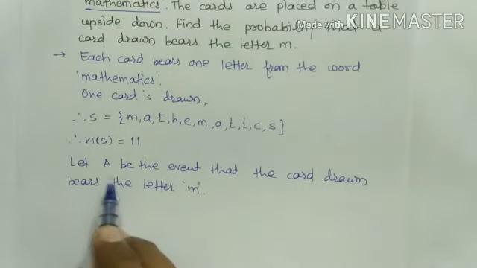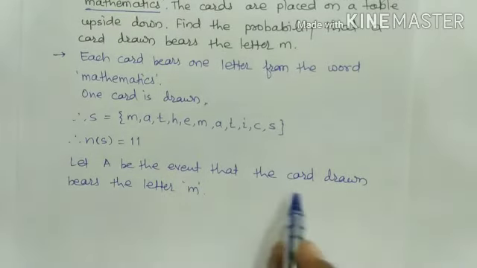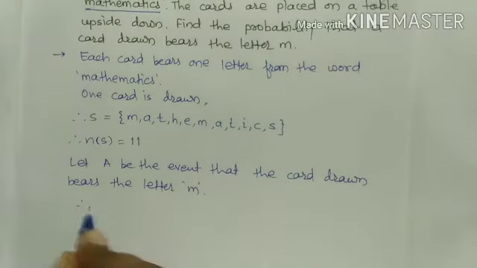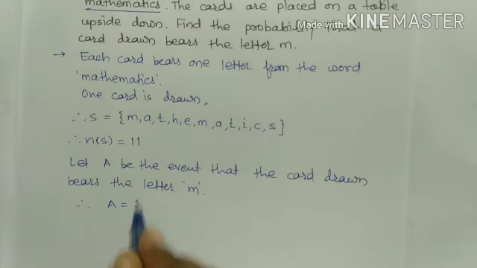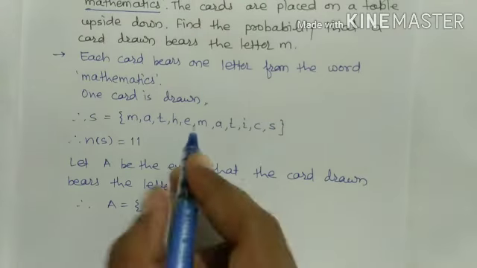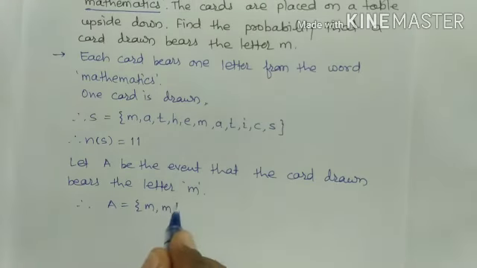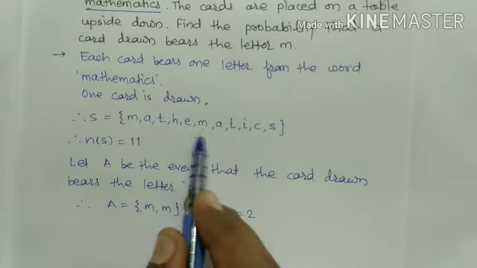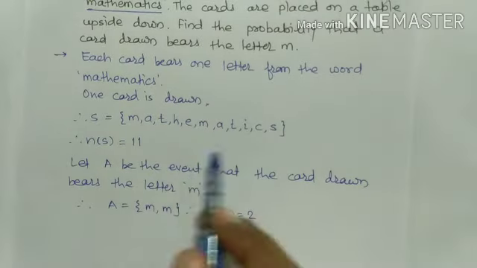Now which event is this? Here A is the event that the card drawn bears the letter M, and therefore this event A has the sample points M, M. Therefore number of A equals 2, because here M occurs 2 times in this word mathematics.